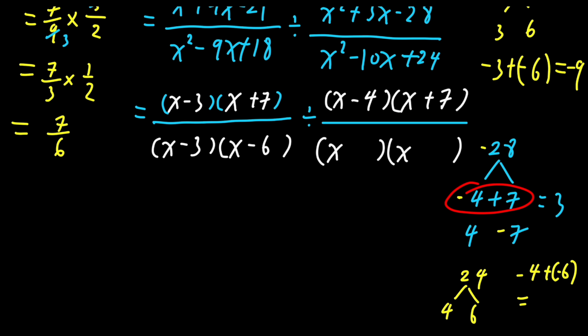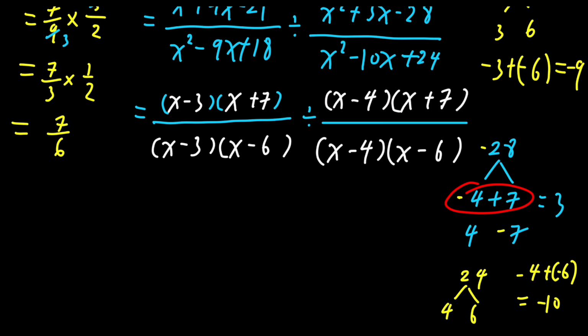So added together will be negative 10. And the product of these two numbers will still give us positive 24, so don't worry about that. It's going to be negative 4 and this is negative 6.